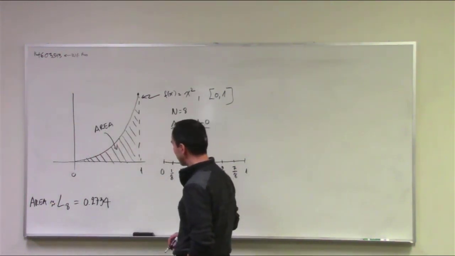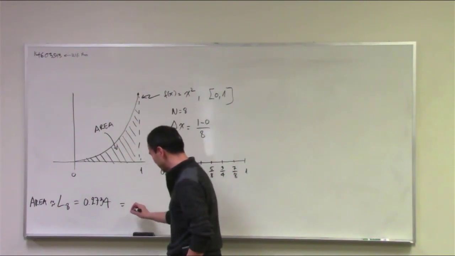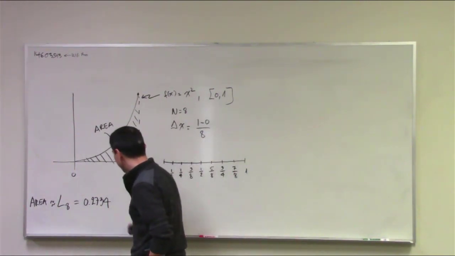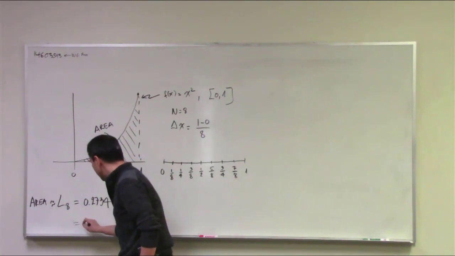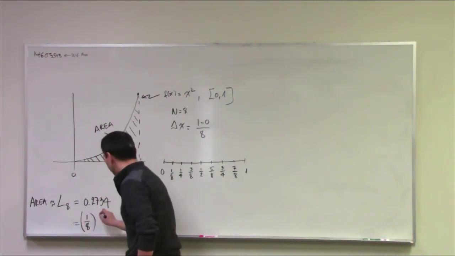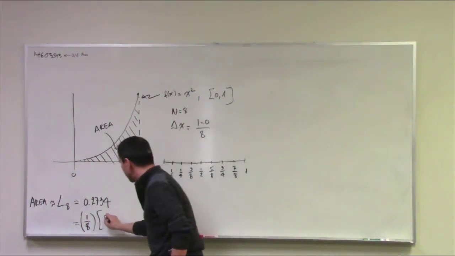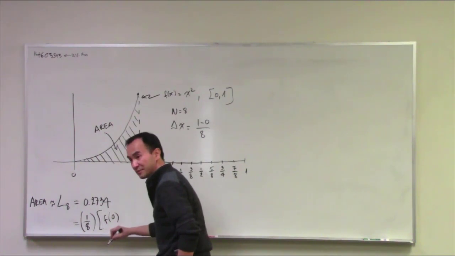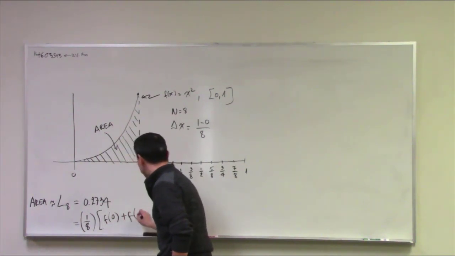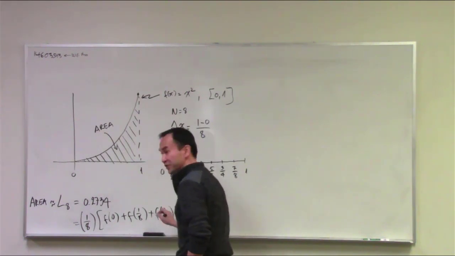So that's the approximation. The work should have been among your steps. For this L8, you had delta x equal to 1/8, multiplied with the function values at the left endpoints: the function at 0, the first left endpoint, plus the function at 1/8, plus the function at 1/4, and so on.